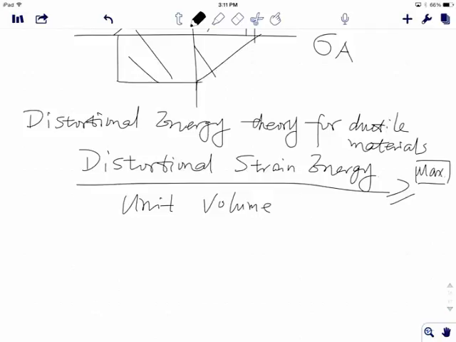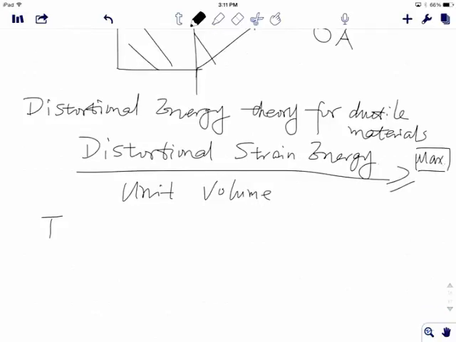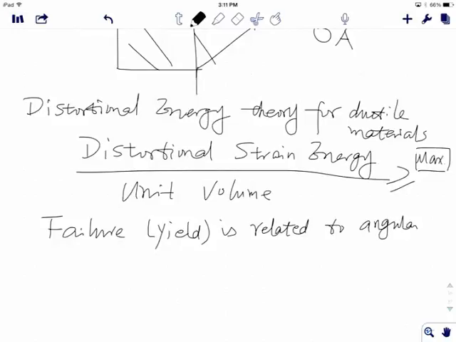All right. So what this criterion believes is failure. Of course, for ductile material, yield is a failure, right? It is related to angular distortion of the stressed element.